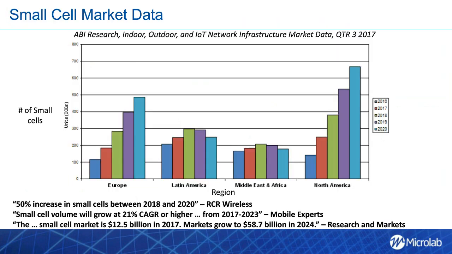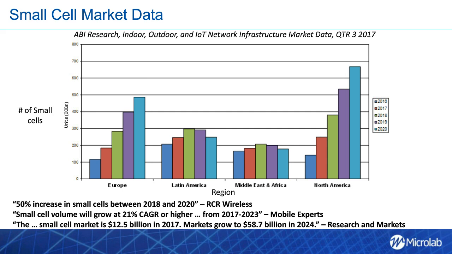Here we can see some small cell market data provided by ABI Research. ABI Research provides strategic guidance for visionaries needing market foresight on the most compelling transformative technologies. From this data, by 2020, the combined units shipped per year is almost 1.6 million.